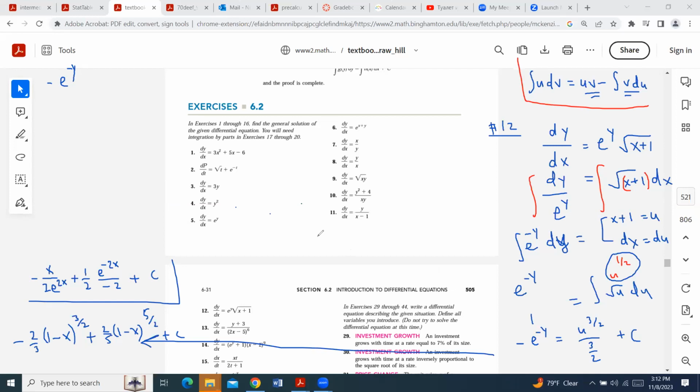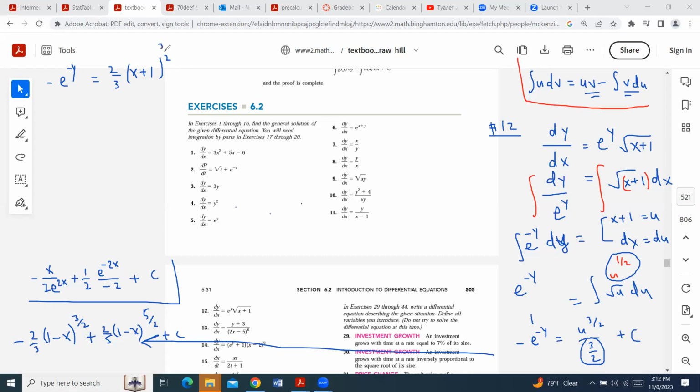And then on the other side, this 3/2 reciprocated, so it's 2/3, and instead of u, my original variable x plus 1 raised to the power of 3 over 2.